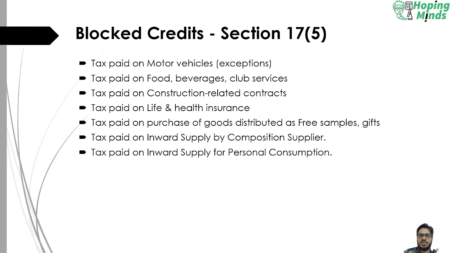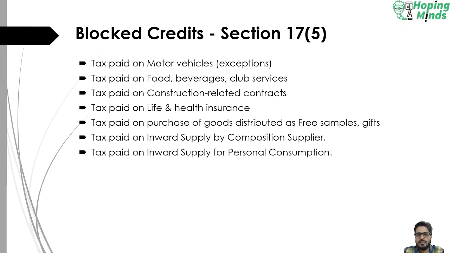Such goods or services include taxes paid on motor vehicles, there are certain exceptions, then taxes paid on food, beverages and club services, taxes paid on construction related contracts, tax paid on life insurance and health insurance, tax paid on purchase of goods distributed as free samples, gifts, etc., tax paid on inward supply by a composition supplier, and taxes paid on inward supply for personal consumption. In these cases, the GST paid on the purchases or the payment of expenses cannot be claimed as input tax credit. So let us discuss each one by one.